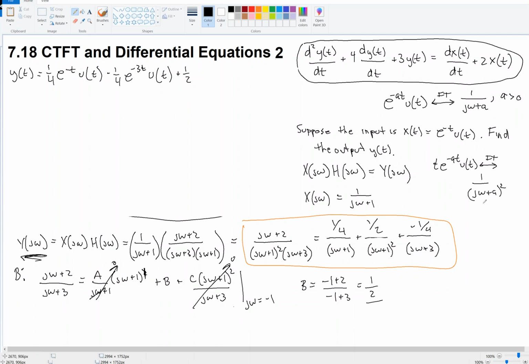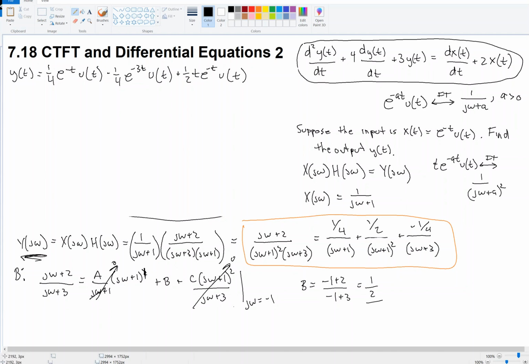We used the differentiation in frequency property to figure that one out in a previous video. But that's in your table. That's in a table, and we've already done it. So now this is 1/2 t e to the negative t u of t. Pretty neat, right? Remember that that square in the denominator leads to a multiplication of t in time.